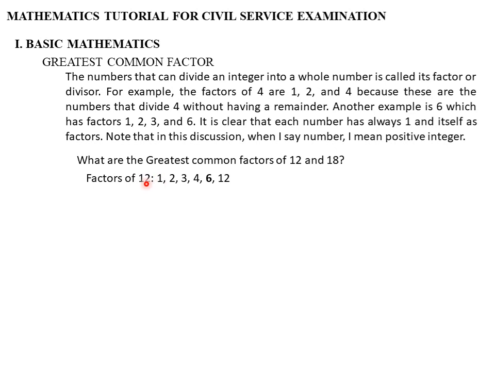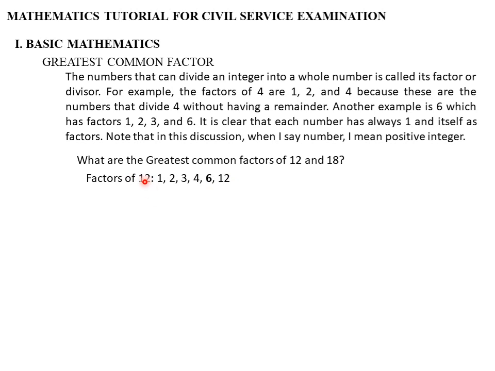Since 12 times 1 is equal to 12. Okay? The factors of 12 are 1, 2, 3, 4, 6, and 12. Why? 12 divided by 2 is 6, 12 divided by 3 is 4, 12 divided by 4 is 3, 12 divided by 6 is 2, and 12 divided by 12 is 1.